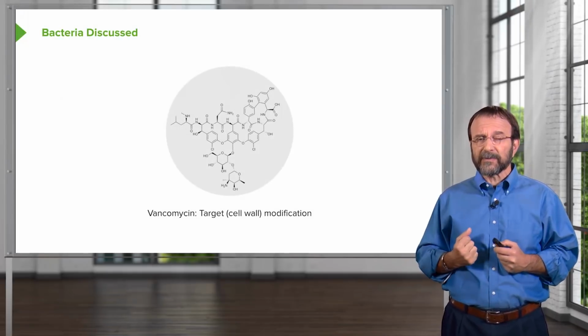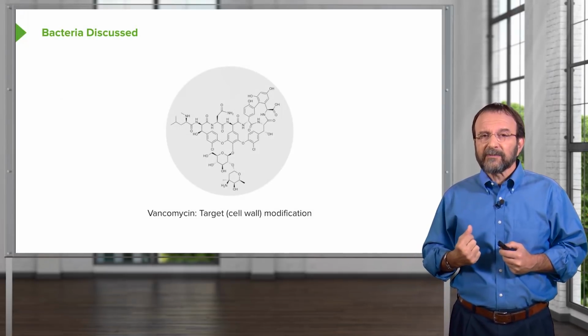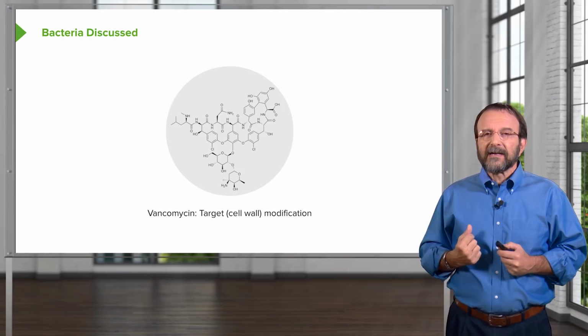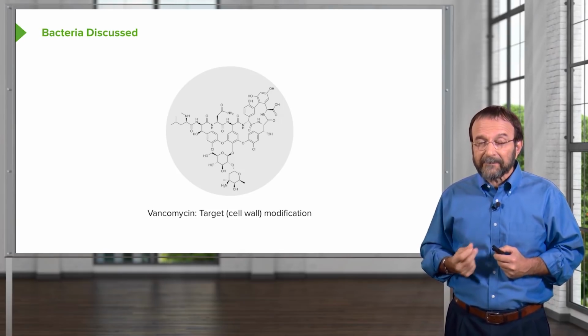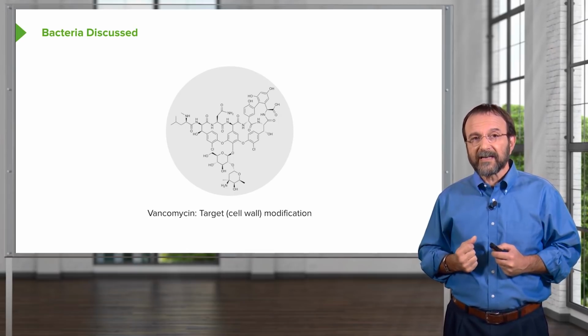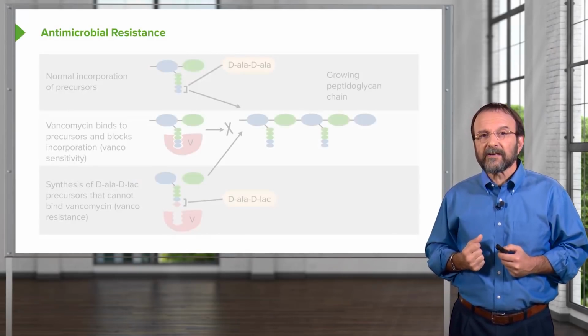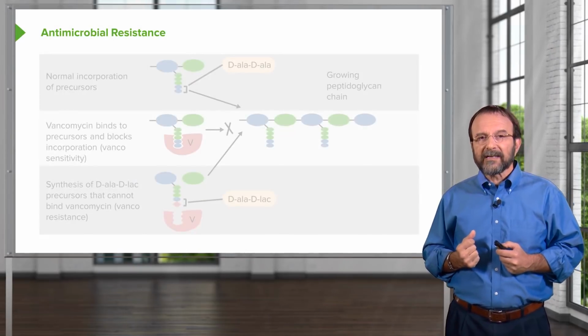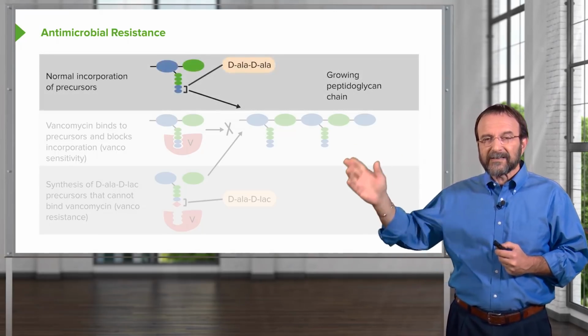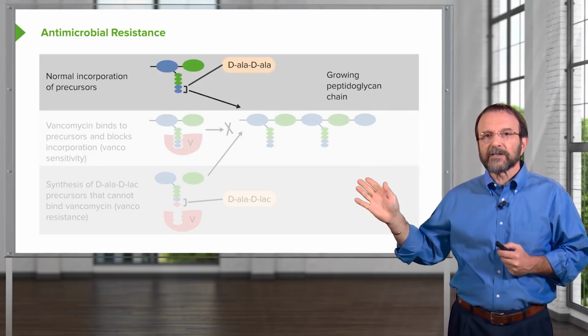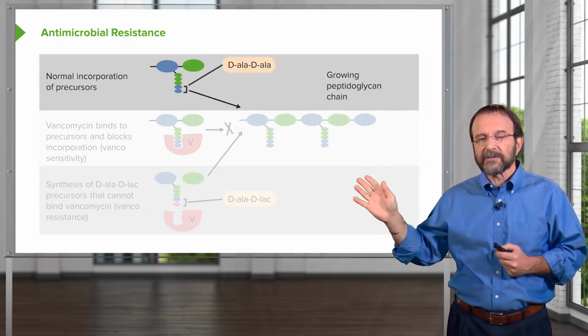Let's take an example to illustrate that. And we'll use an example, the antibiotic vancomycin. Its target is cell wall modification. So vancomycin acts by blocking the assembly of the murein cell wall. Now, at the top of this slide is the normal incorporation of the precursors of murein.